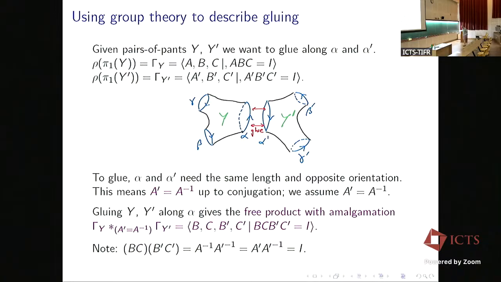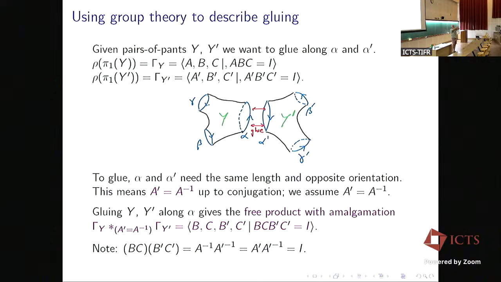Okay, so now how do we do that? Now this is where we need to use a little bit of very basic combinatorial group theory. I need to be able to combine these two groups. I've got two copies of a group. I want to join them together. So the usual way to do that would be to take their free product. But then we have this element, A prime is equal to A inverse, so I use free product with amalgamation.